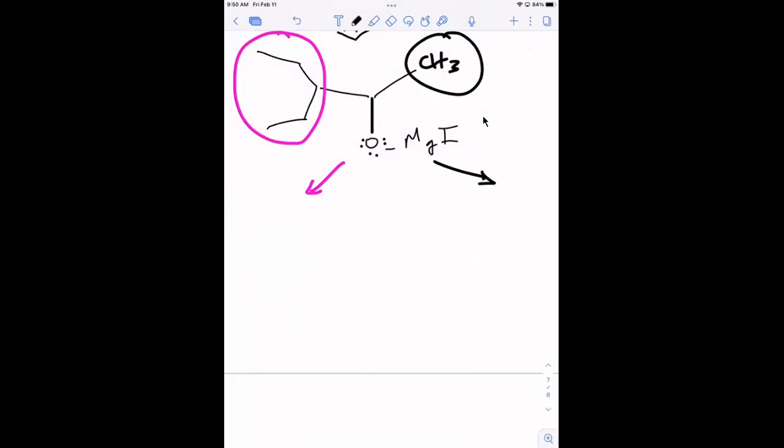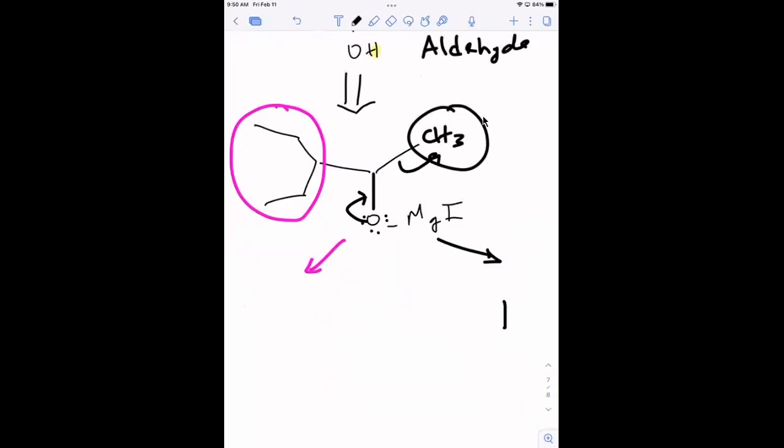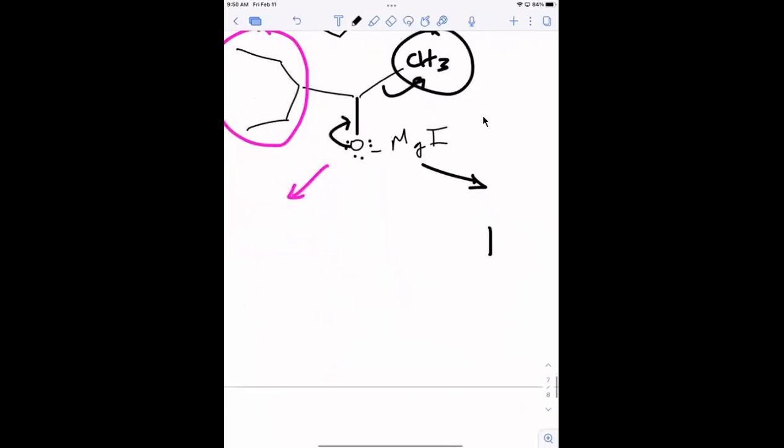So this can decompose like this, and let me give you a little rule of thumb too. If you have a secondary alcohol, that's always going to lead to an aldehyde as your starting material. So if I break that off, that's going to look like this. There's a hydrogen here, it's just not shown.